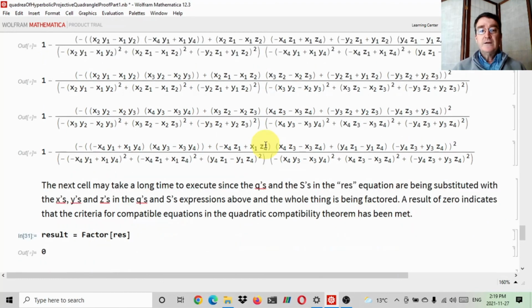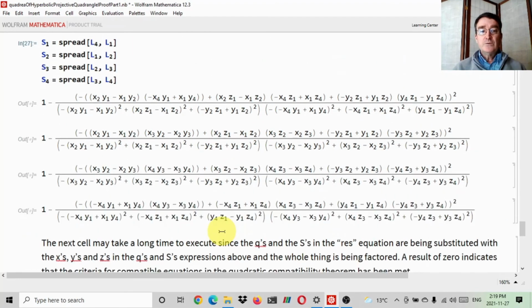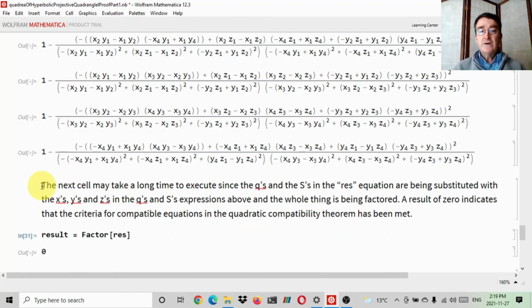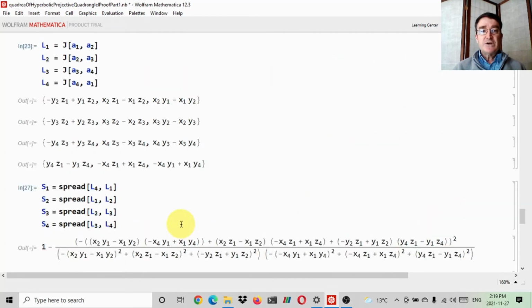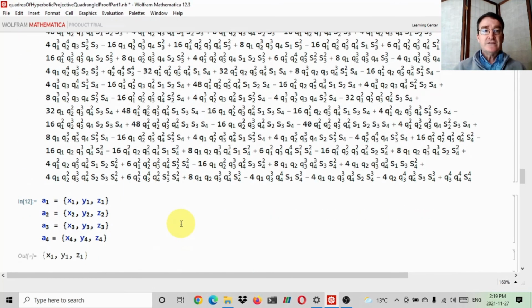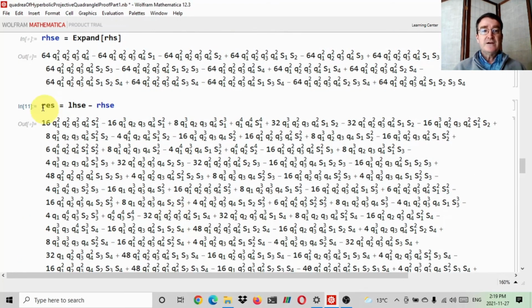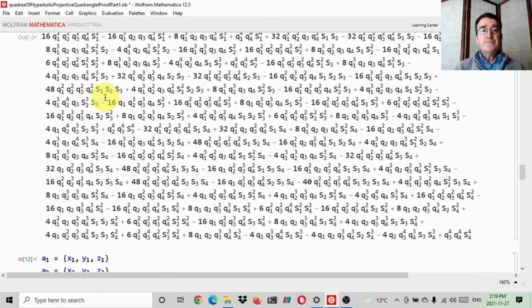Okay. So what we're going to do now, we had that expression for the results when we subtracted the right-hand side from the left-hand side. This was our result. Left-hand side minus right-hand side gave us this long expression. Now for each one of these Q's and S's, we're going to substitute in the expressions for those in terms of the x's, y's and z's.